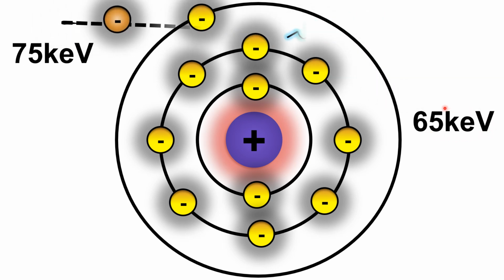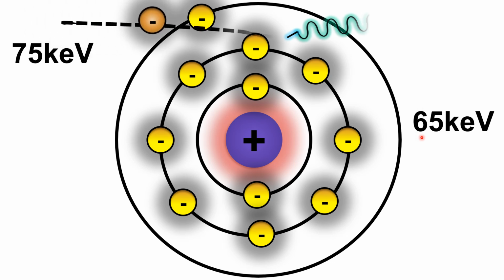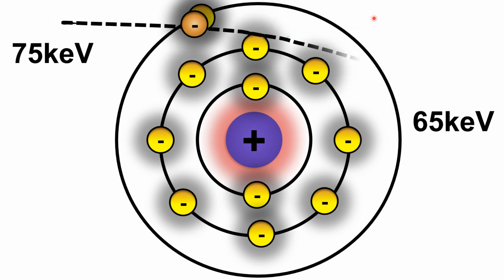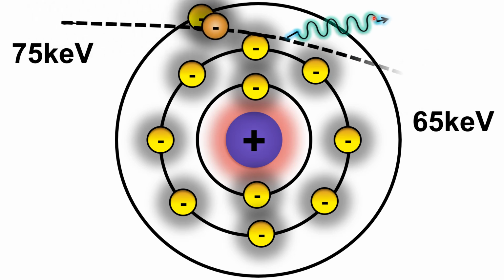This means about 65 kilo electron volt remains. So this small decrease of 10 kilo electron volt of kinetic energy will result in emission of continuous X-rays with a slightly longer wavelength, because the acceleration is slightly decreased.